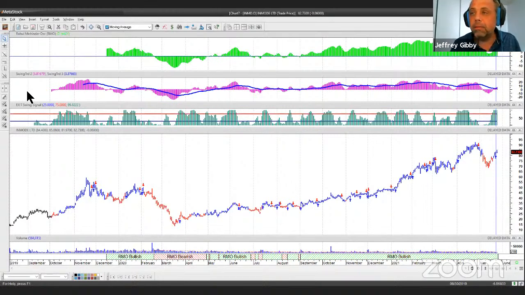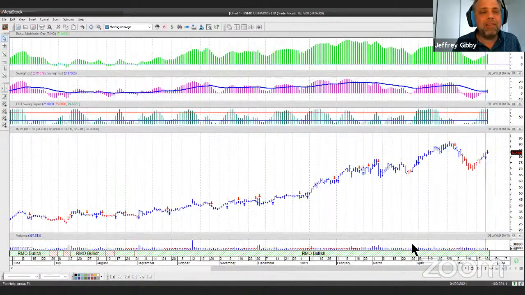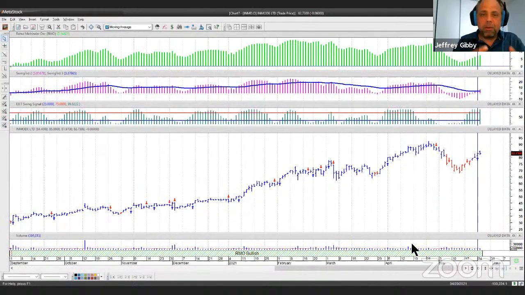Ravi says, can you use this system for options? Yes, this is good for figuring out what direction you want to go with options. You'd want to use your own judgment in terms of what strike prices you're using and how much delta you want.